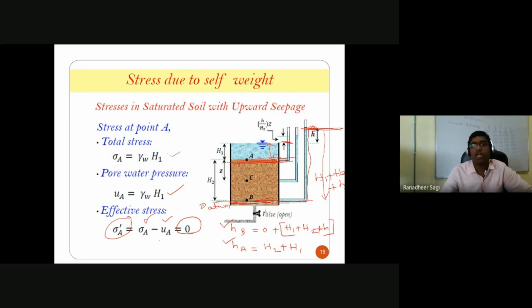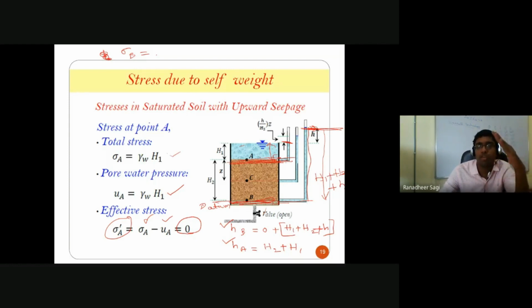Next, moving on to the next case, how much is my total stress, pore water pressure and effective stress corresponding to point B position? I can try to do that by writing it here. Let's say my total stress at point B is equal to, because of all the material existing above point B position. I repeat, I am talking about the self weight of the material.